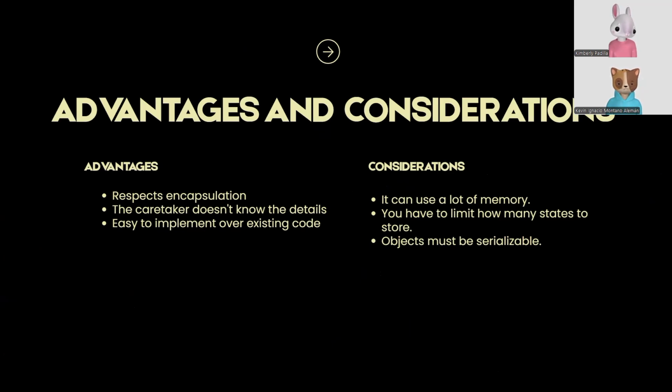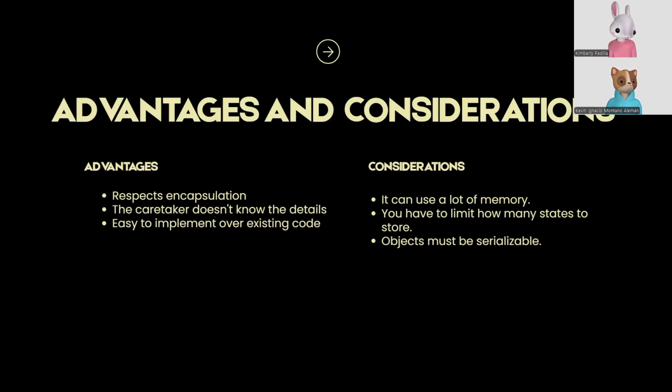The pattern respects encapsulation; the history doesn't need to know how a contact or event is internally structured. It's also easy to add to existing code because we only need to add two new classes and two methods to the class that we want to restore. But there are considerations.